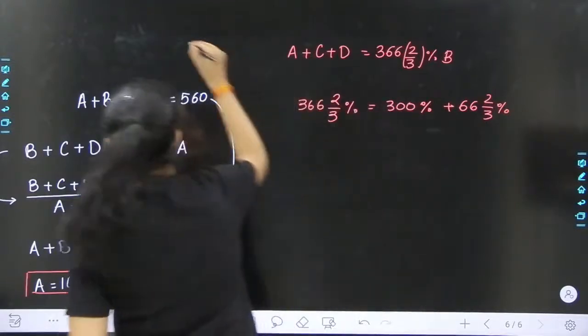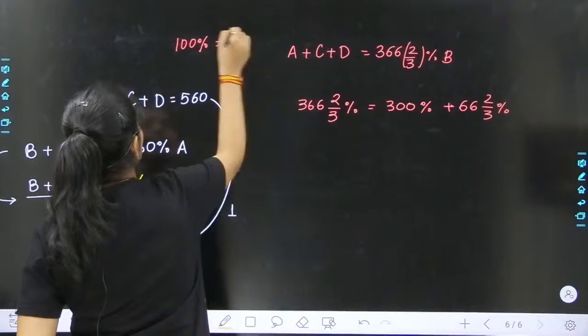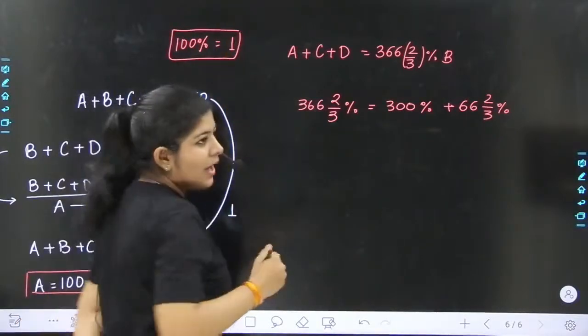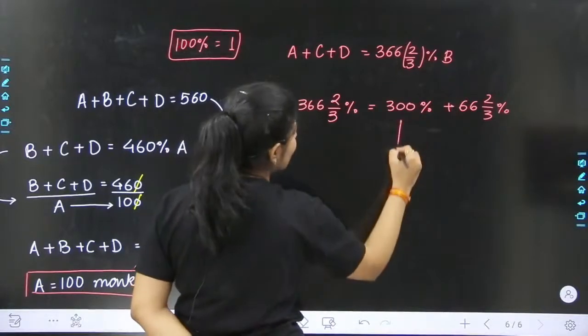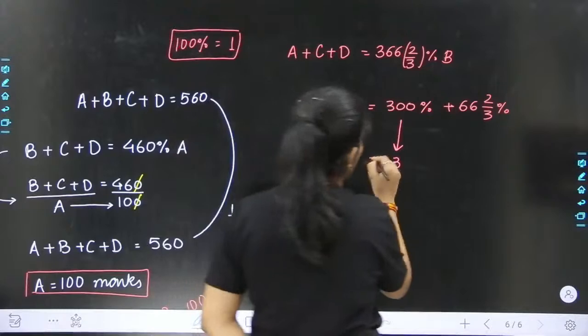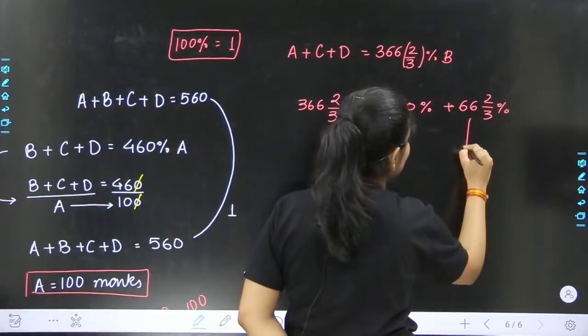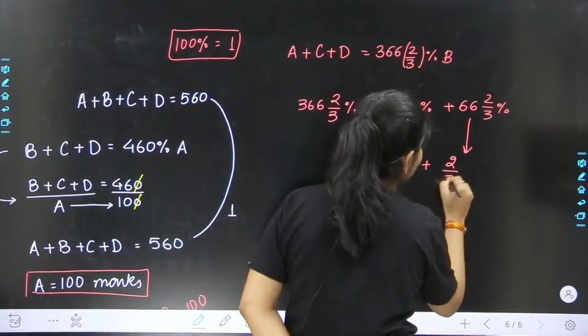And we all know 100% can be written as 1 in fraction. So I can write 300 as 3, and 66 2 by 3 as 2 by 3, right?